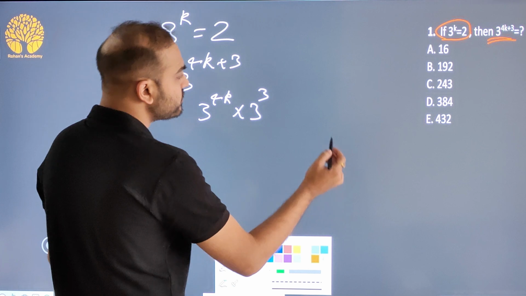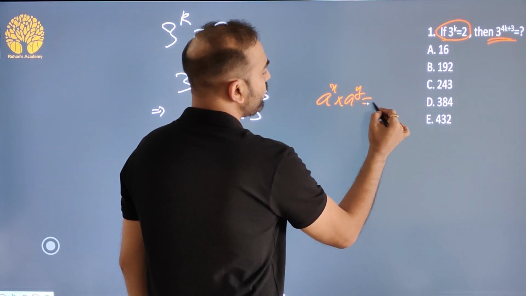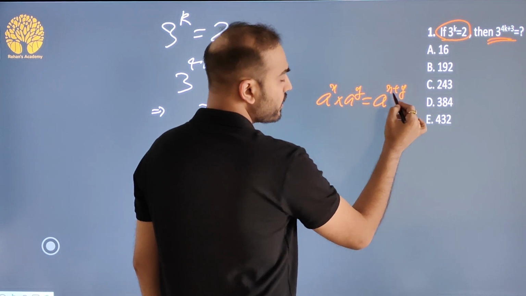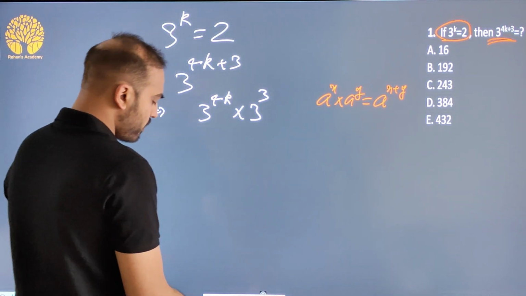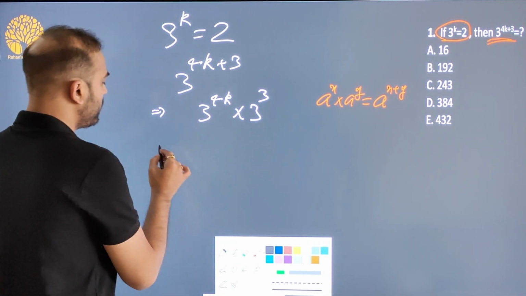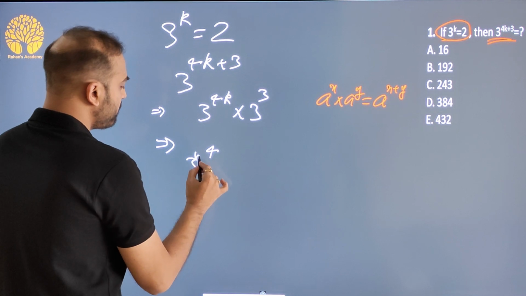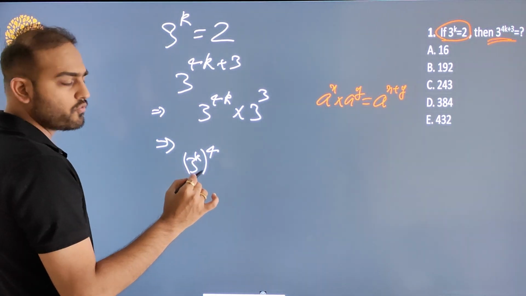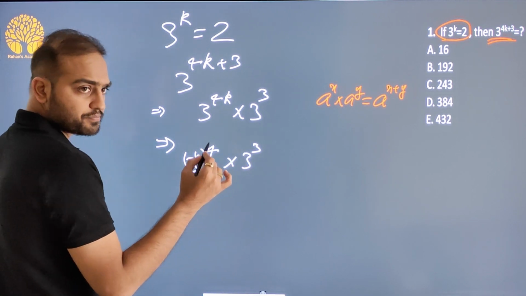This is reverse of the property. We have a power x into a power y as a power x plus y. So a power x plus y will become a power x into a power y. This can further be written as 3 power k whole to the power 4, times 3 power 3.